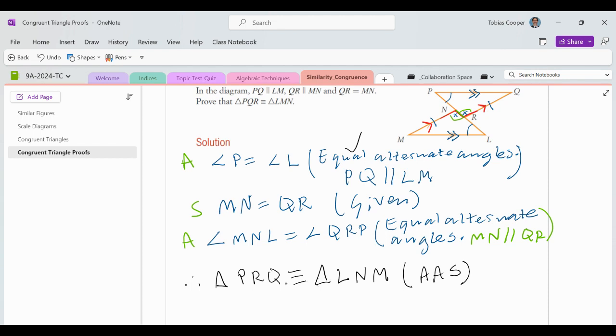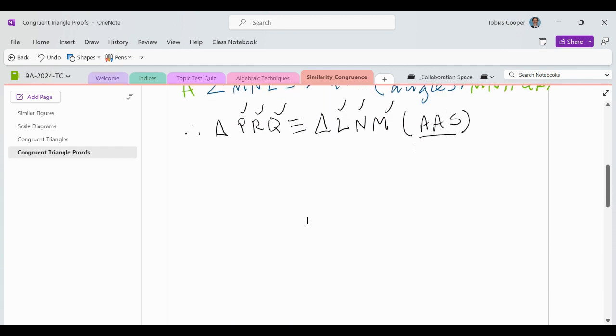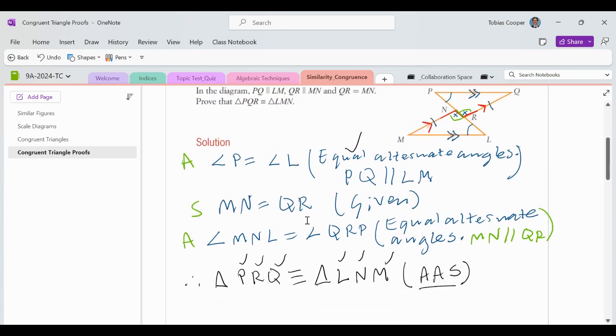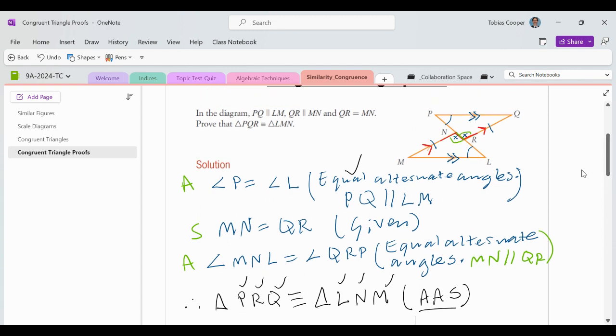Okay, and at the end, you've got to write a congruent statement where the vertices are in matching order. So P goes with L, R goes with N, Q goes with M, and you've got to put a reason as well in brackets. Okay, now what I'd like you to do is copy that down, diagram, question, and the proof, and then we'll go on to the next one.